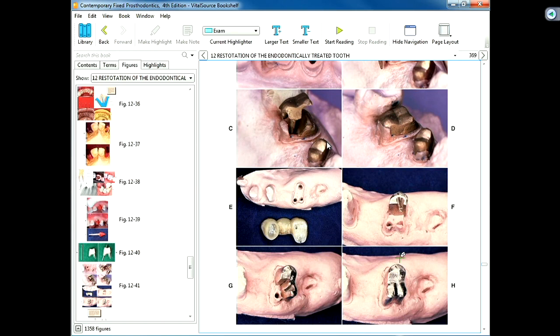A little update: I want you to finish the cast post exercises today. If you don't finish the projects we had yesterday, the lowest priority is the endodontically treated tooth with the amalgam core buildup, where you do all these steps, then drill it out and put the composite in.